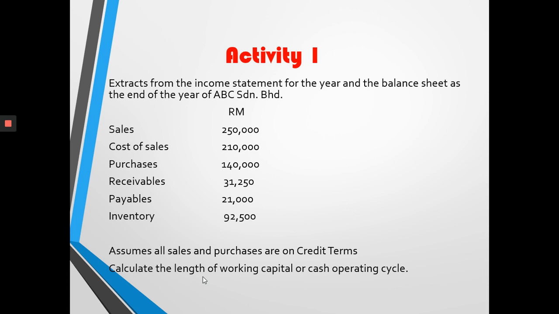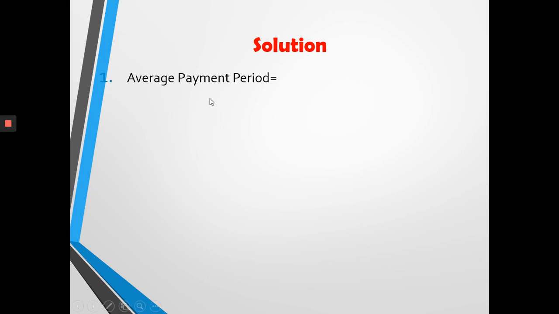So class, you can start your calculation. Take out a piece of paper, start calculating what is your average payment period. How do you calculate the average payment period? Look at the formula given. Try out.